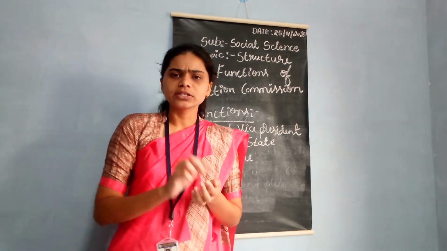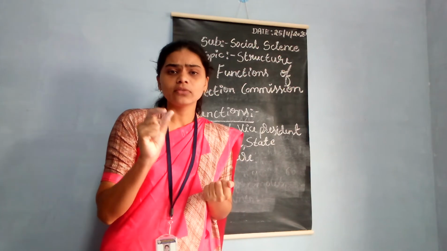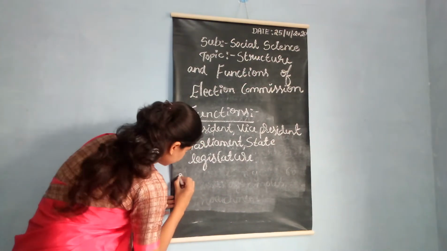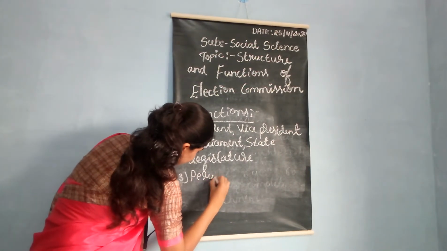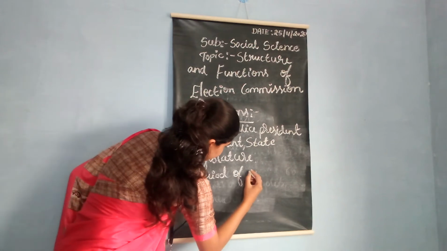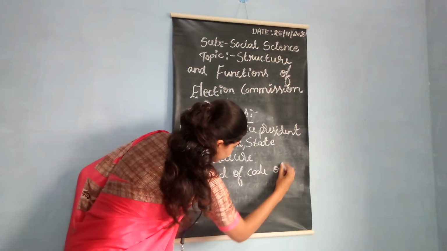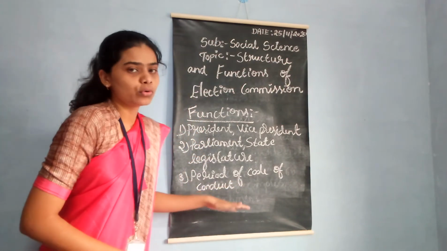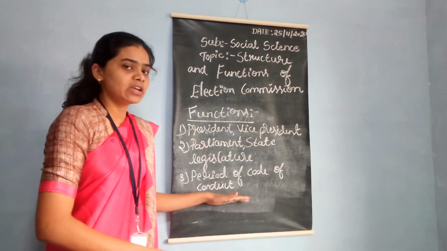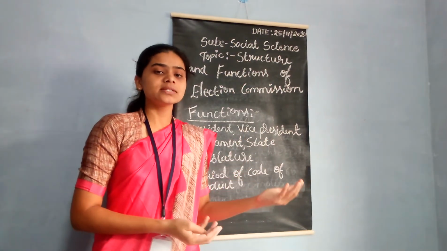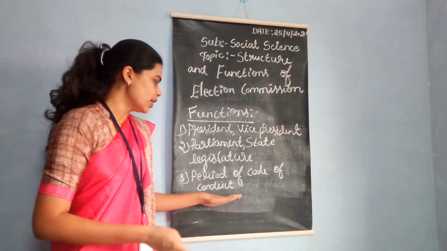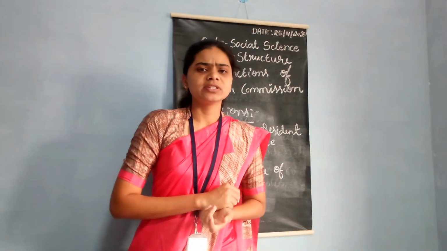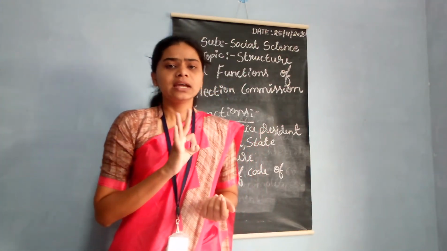On that particular duration, when they announce the result of the elections, it is called the period of code of conduct. Remember this, okay? When they announce the result of the elections, that duration is called the period of code of conduct.